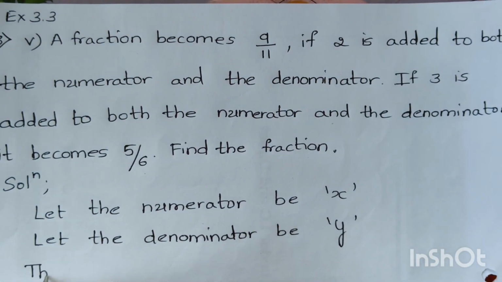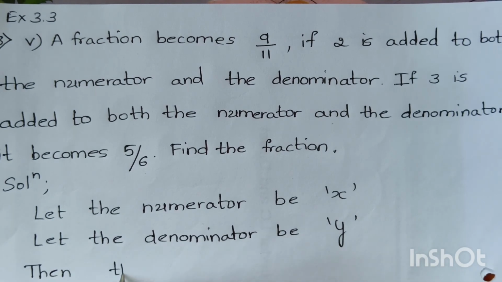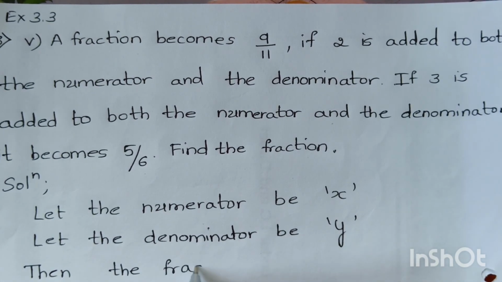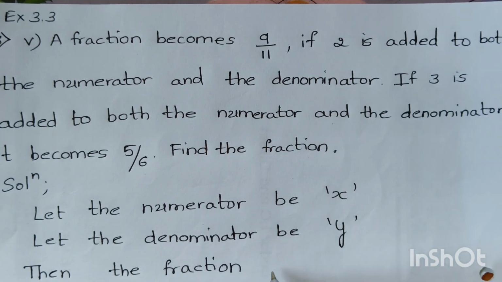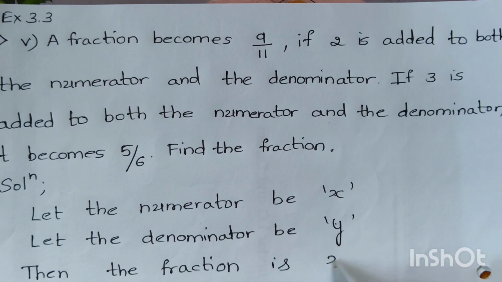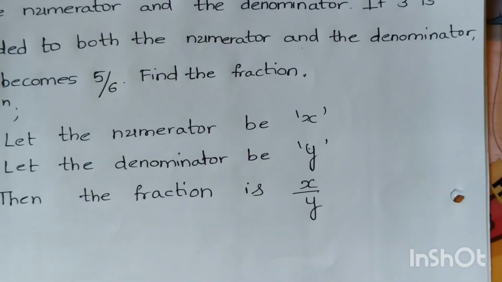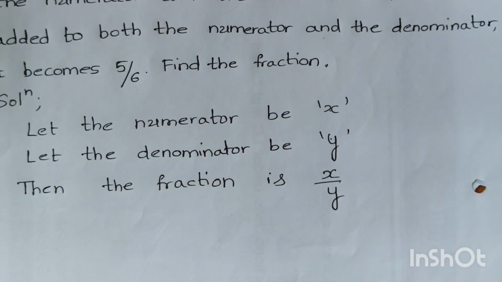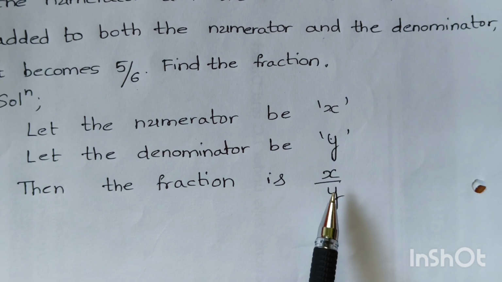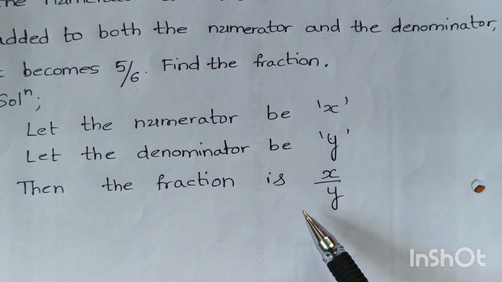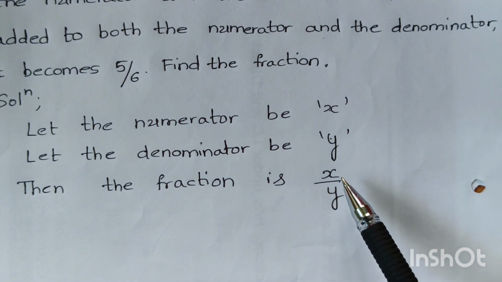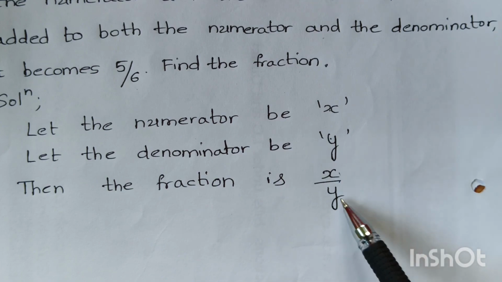Then the fraction, means we have both numerator and denominator, is x by y, right? Now our intention is to find out the value of the fraction. So first we have to find the value of x and y, right?